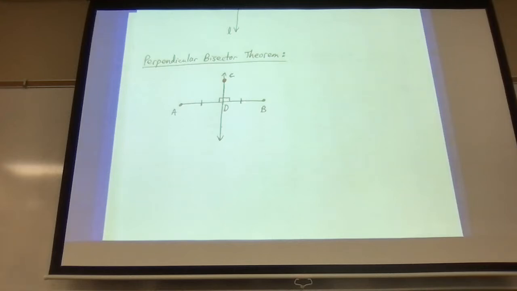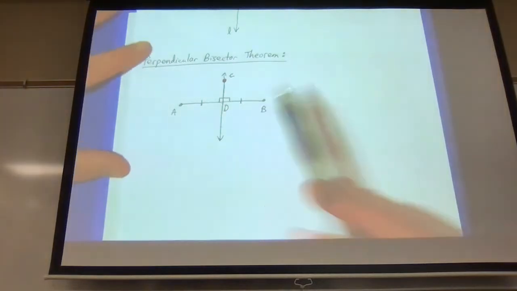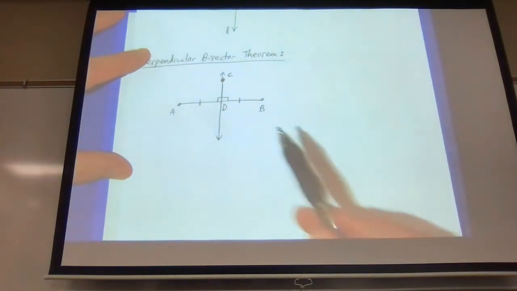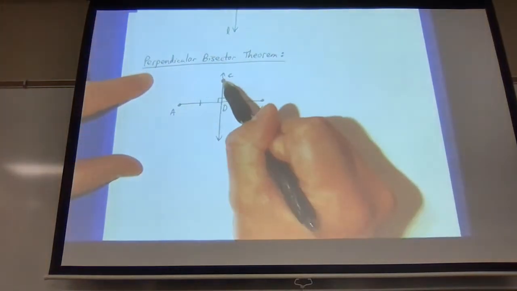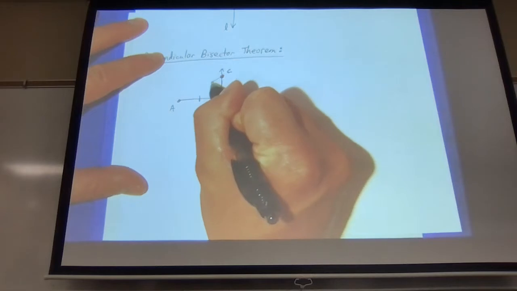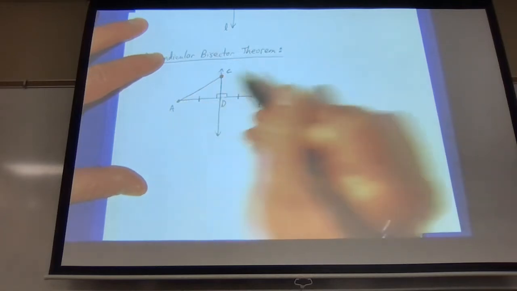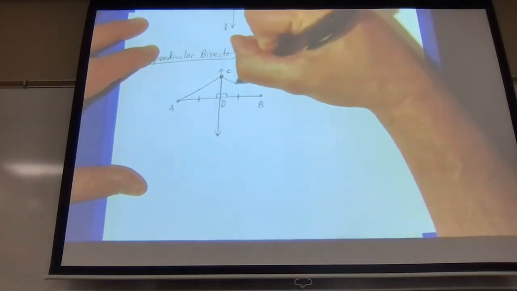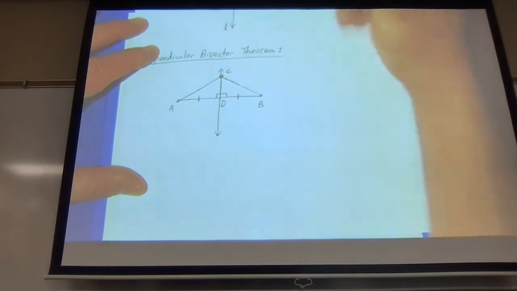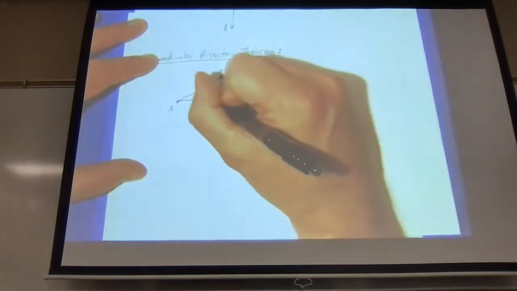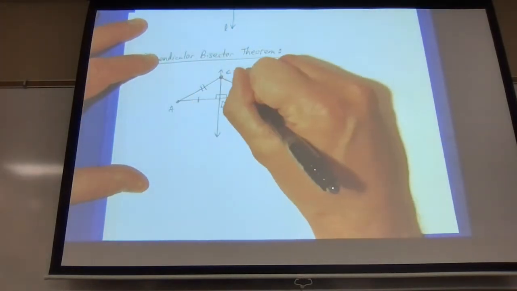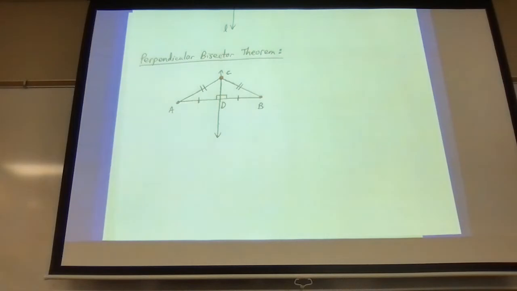Equidistant means it's going to have equal distance. So we're going to have an equal distance to both endpoints on the segment. So from point C, if I go to this endpoint here, point A, and I go to this endpoint over here, point B, those are going to be equidistant. That means they're going to be the same. Same distance between those two.